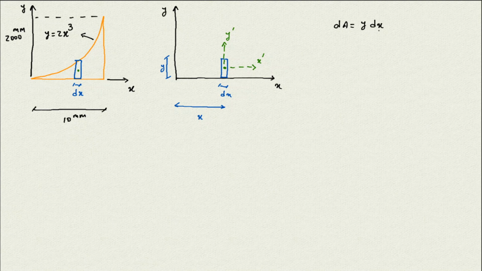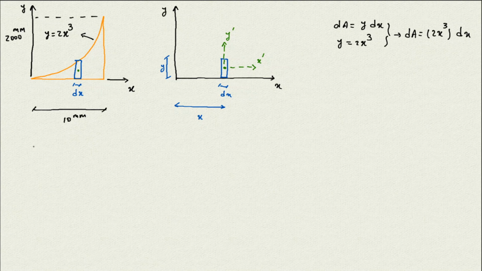Because we have the dx, we also have to replace y with x. Here, the y is 2x cubed. So if we put these together, the dA is going to be 2x cubed dx. So this is the dA we have.